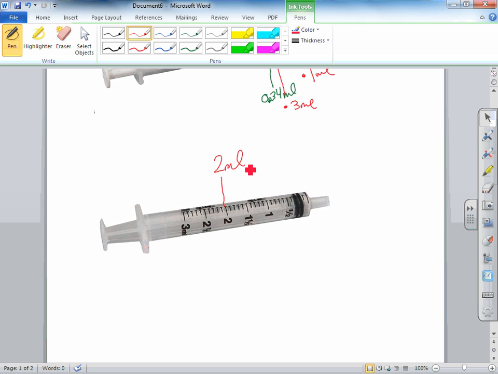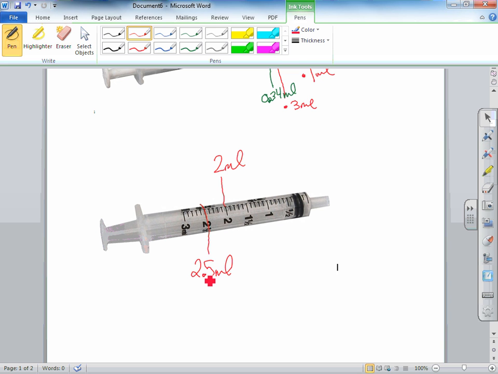The next whole number is 2.5 milliliters. So there are 4 lines in between the 2 and the 2.5. The question is, what increments is that? Well, it has to be 0.1 because the next whole number after 2 is 2.5.